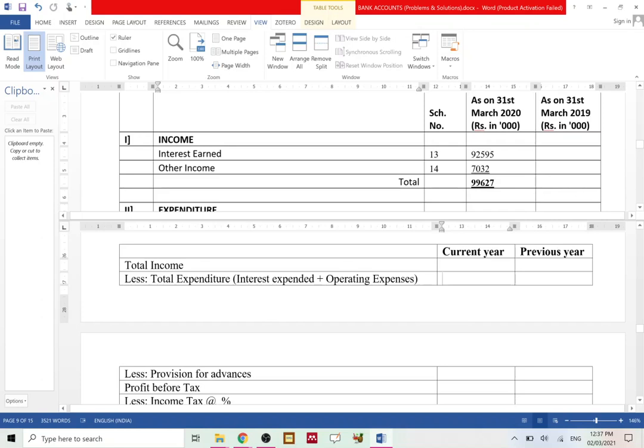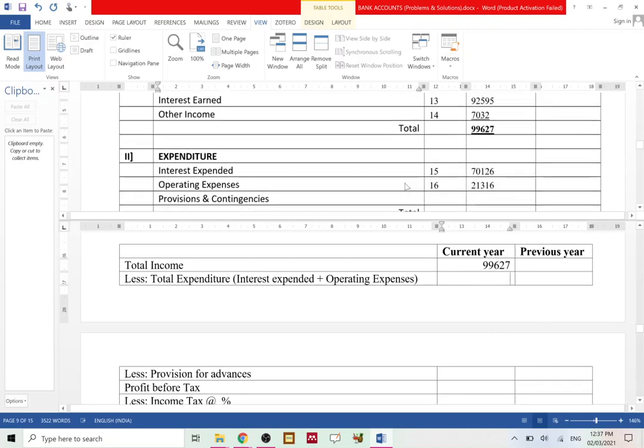Now in this problem, the total income that we have is 99,627. Income category is complete, so bring the total income over here, 99,627.